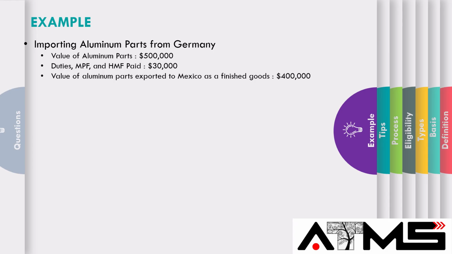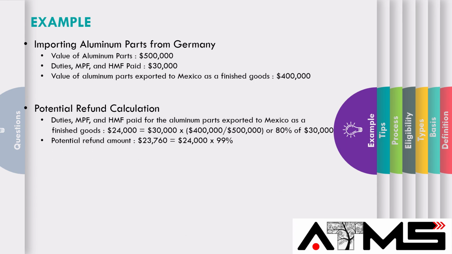Later, you use those aluminum parts to manufacture finished goods in the US and export those goods to Mexico. The portion of aluminum parts used in the exported goods amounts to $400,000. In that case, here is how to calculate your potential refund.